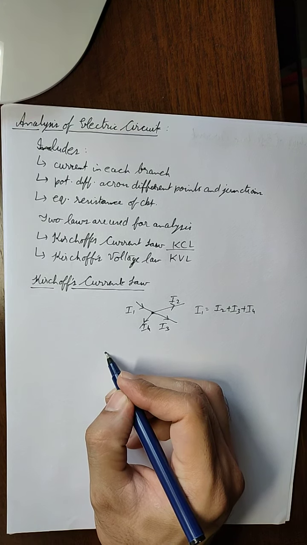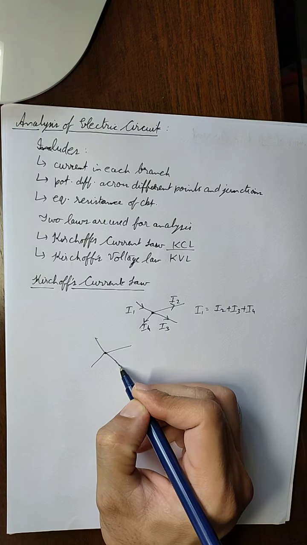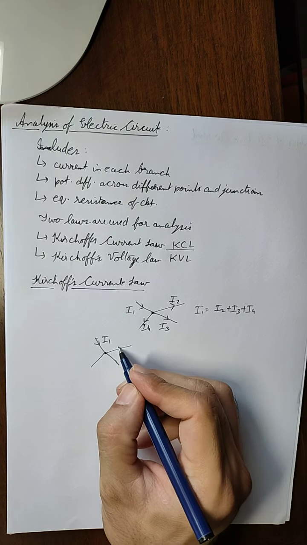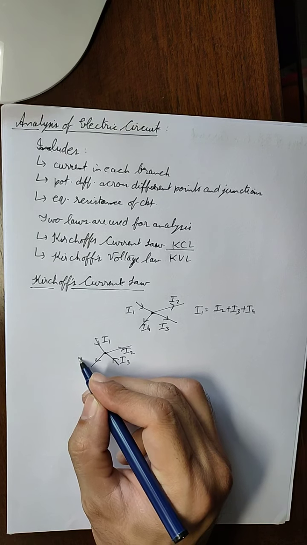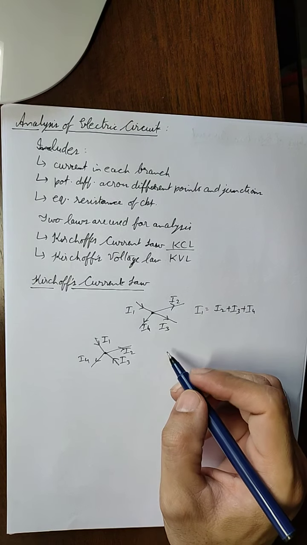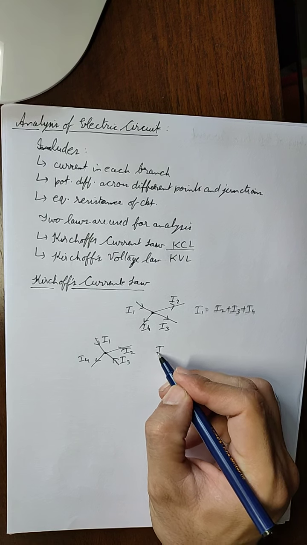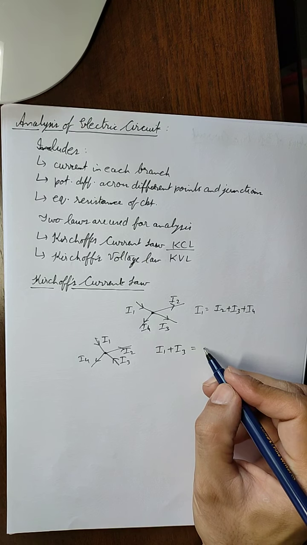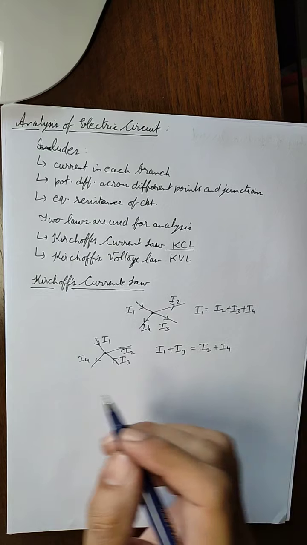Similarly, suppose we have 4 branches connected to a junction, and I1 is coming inward and I2 is going outward, I3 is coming inward, and I4 is going outward. Then by using conservation of charge and the same principle, we can say that the inward current, which is I1 plus I3, will be equal to the outward current, which will be I2 plus I4.